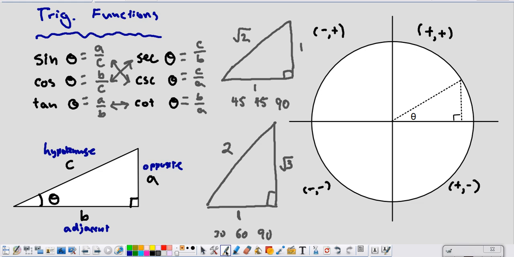So let's begin. Let's pretend on my unit circle here that I drew this line, which is a radius, and I labeled this 30 degrees. Because it's called a unit circle, the length of this line here, the hypotenuse, is 1.